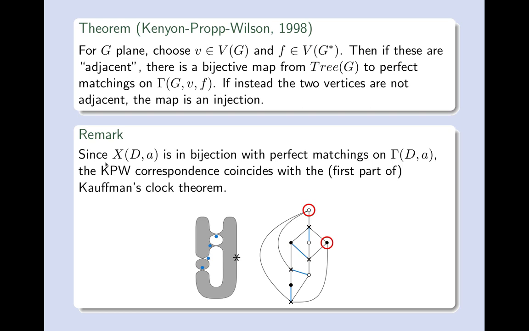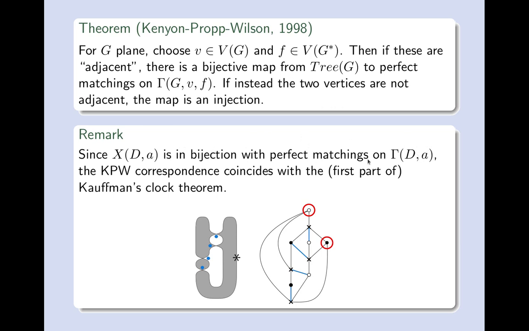I'll show in just a second that there is a bijection between perfect matchings on a given reduced Tait graph for a marked projection, and Kauffman states on the same marked diagram.